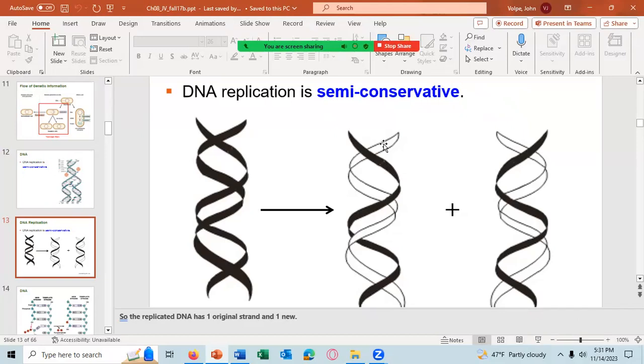This differs from the conservative model of DNA replication, where people proposed that one cell would have two strands of newly replicated DNA, and the other cell would have two original parent strands, or two black strands of DNA. The conservative model of DNA replication does not occur. It's the semi-conservative model that actually occurs. And don't ask me what the liberal model of DNA replication is, because I don't know.